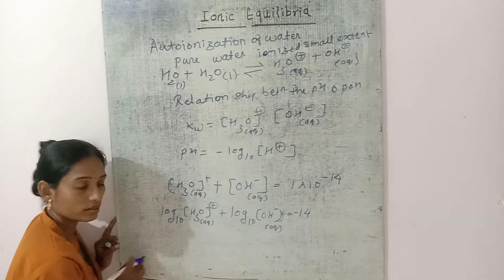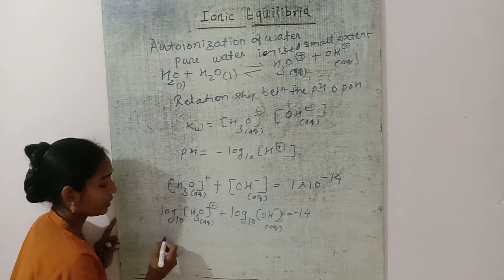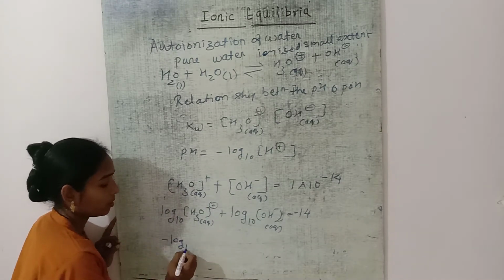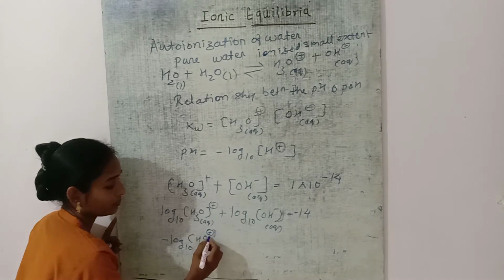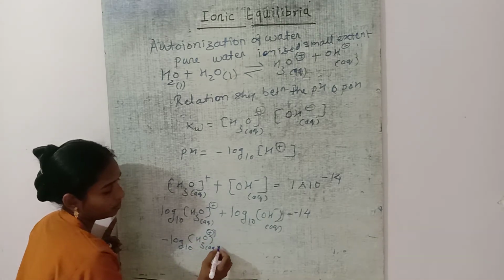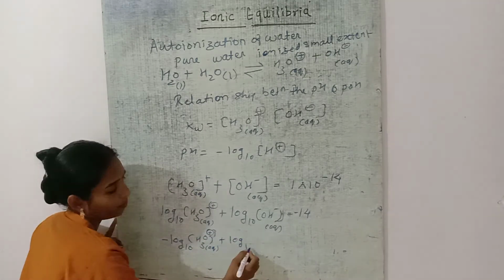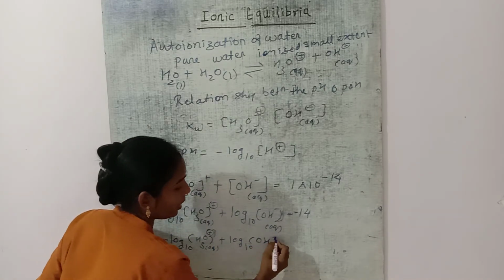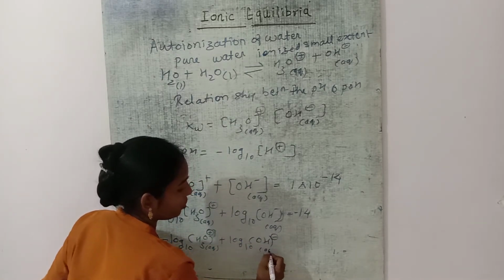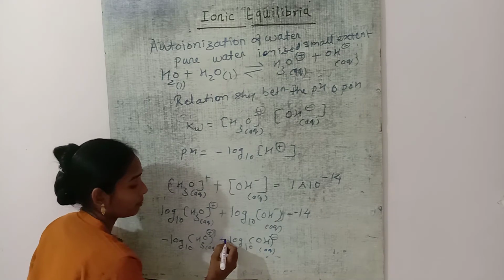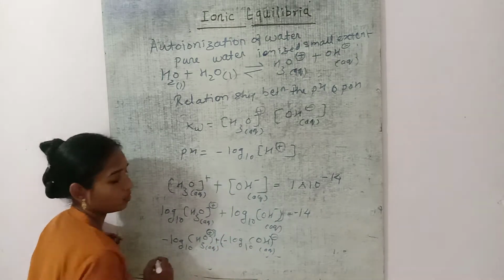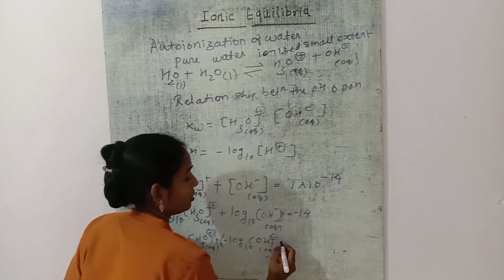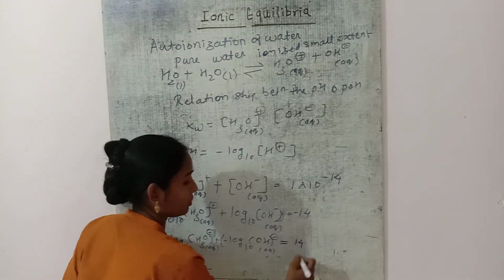Multiplying both sides by minus, that is minus log base 10 H3O positive ions in aqueous plus minus log base 10 OH negative ions aqueous is equal to 14.